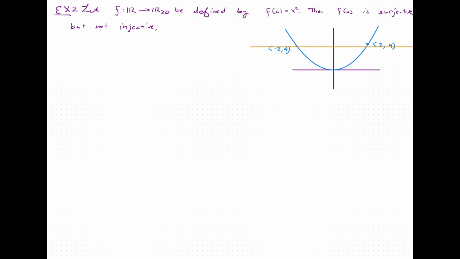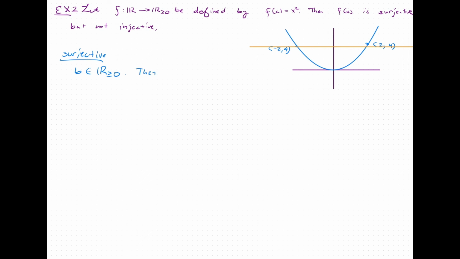Now with surjective, what we need to prove is that for any non-negative real number, we do have an input that maps to it. So let's do surjective. Let's choose a b that is a non-negative real number.